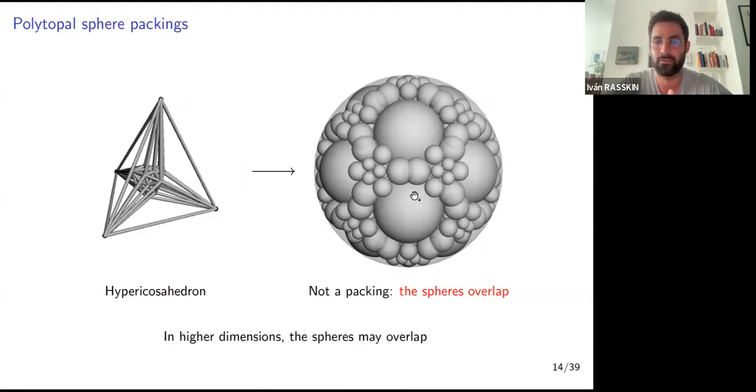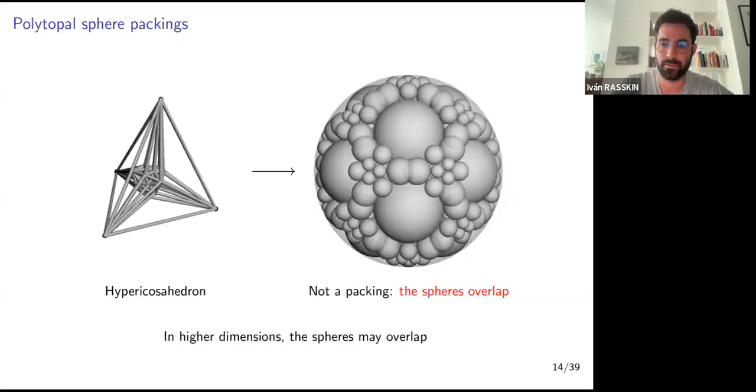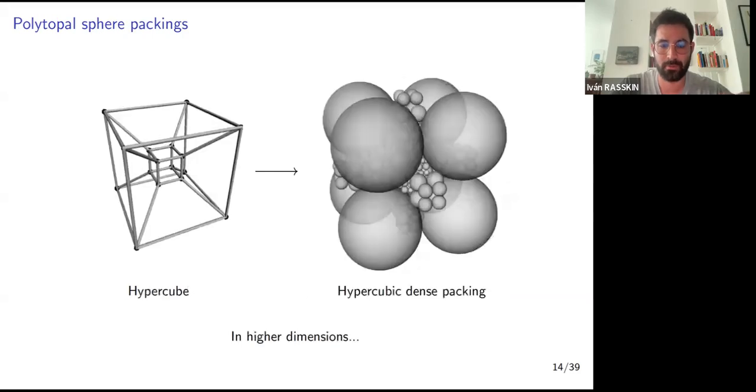It's going to depend on the dihedral angles of the realization here. We say that the polytope is crystallographic if the union of this infinite inversion gives us a packing, so there is no overlapping. In this case, for example, the hypericosahedron is not crystallographic, and the hypercube is crystallographic.